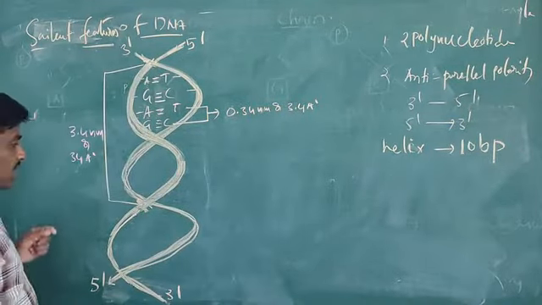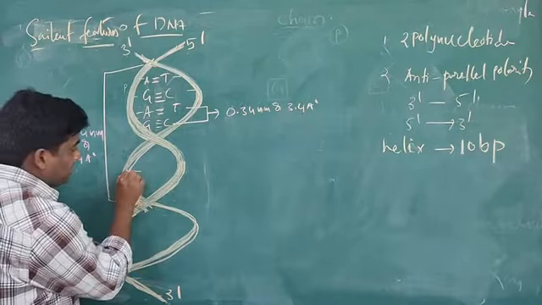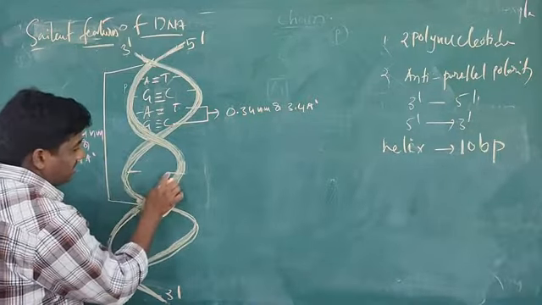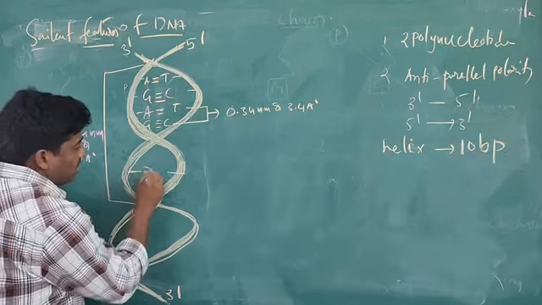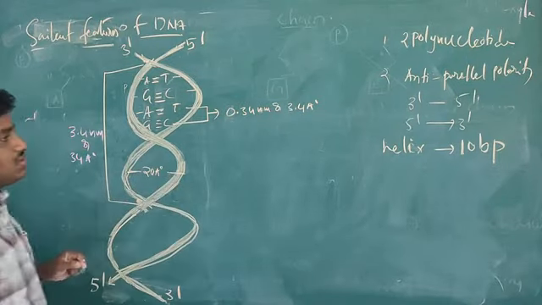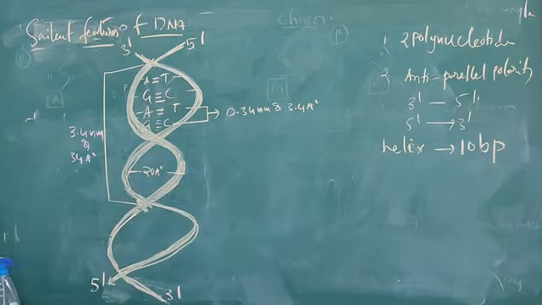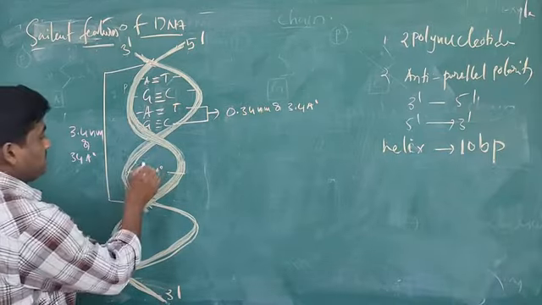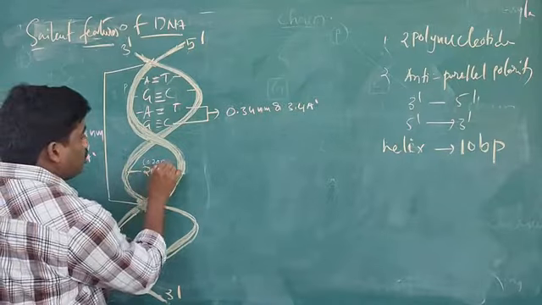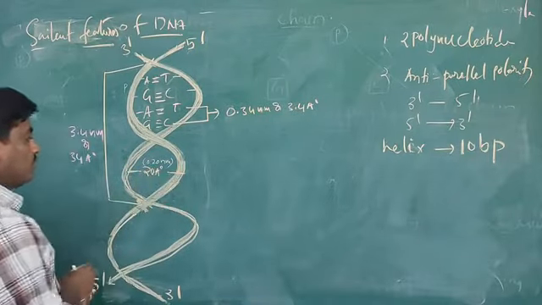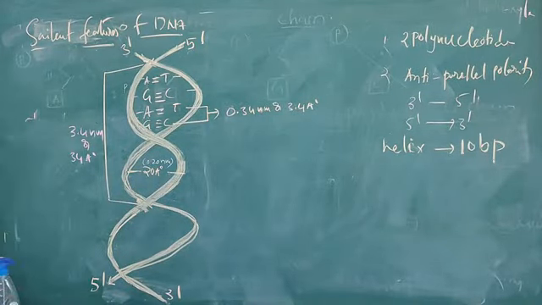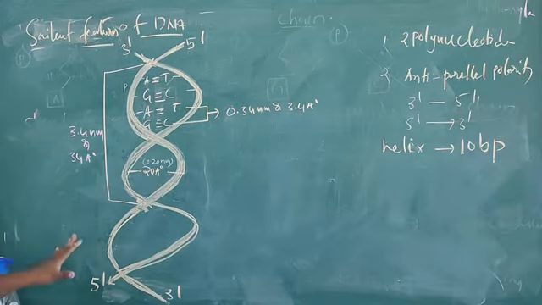Okay, next, the distance between two strands is 20 angstroms, that means 0.20 nanometers. Okay, this is the main.